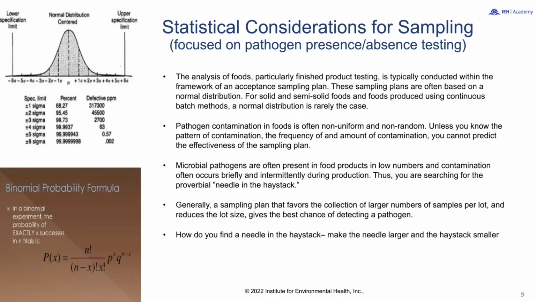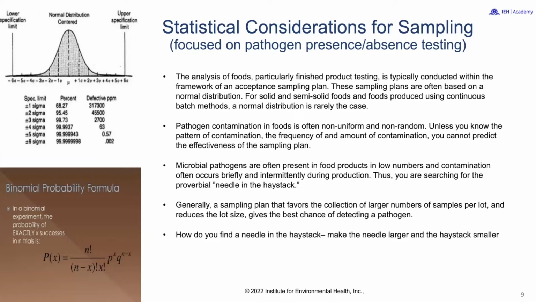So a lot of you are familiar with the normal distribution chart on the left. And anyone who's ever taken a course in statistical process control will understand that probably you've been subjected to many examples of manufactured products and sampling plans and defect rates and what sort of plan you need for a particular defect rate.